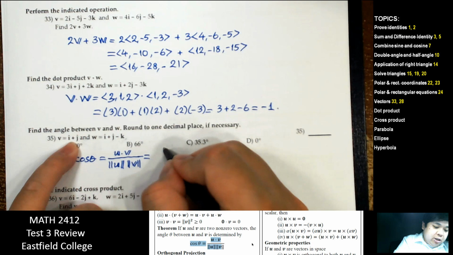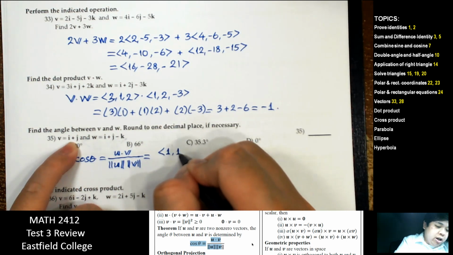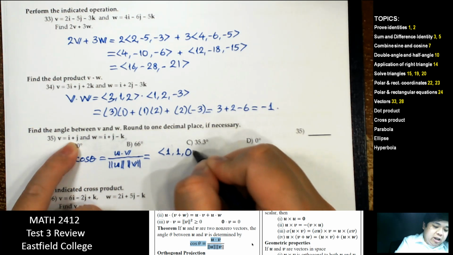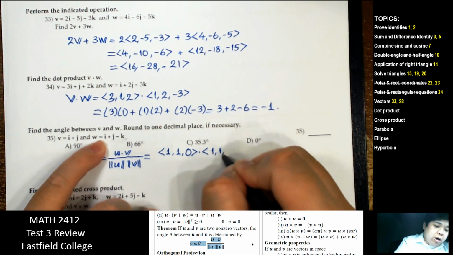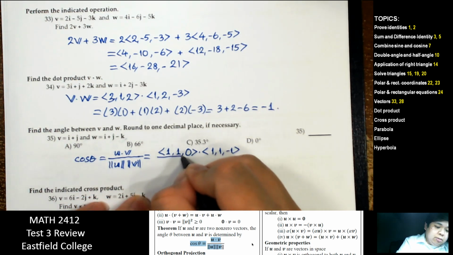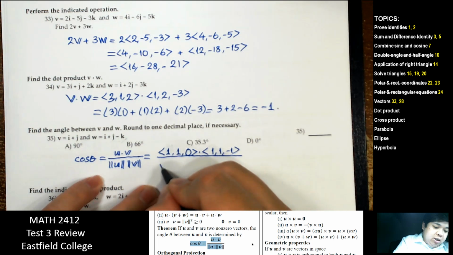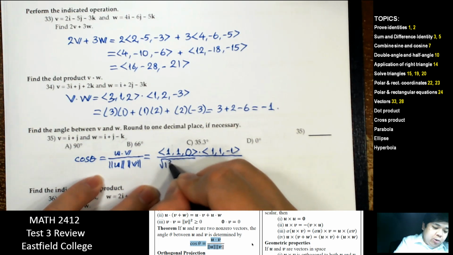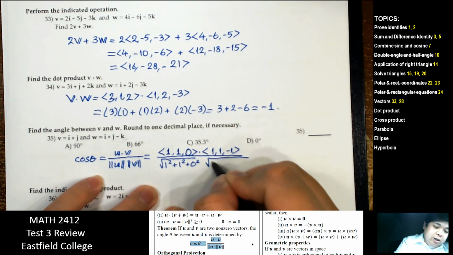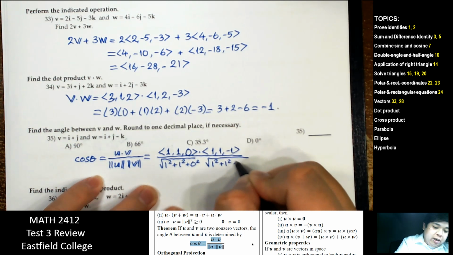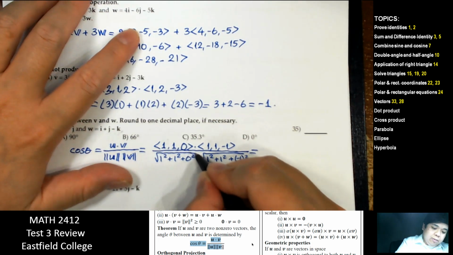Vector u is i plus j, so it will be 1 for i, 1 for j, nothing for k. w is 1, 1, negative 1, over the magnitude of u, 1 squared, 1 squared, 0 squared, and 1 squared, 1 squared, negative 1 squared.